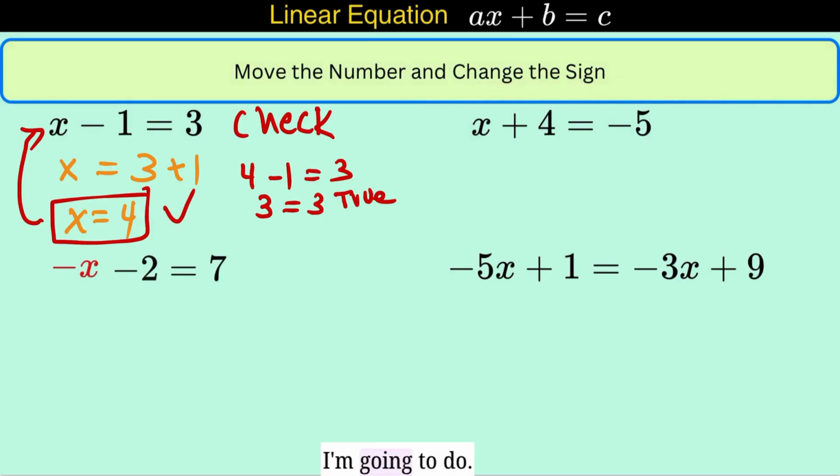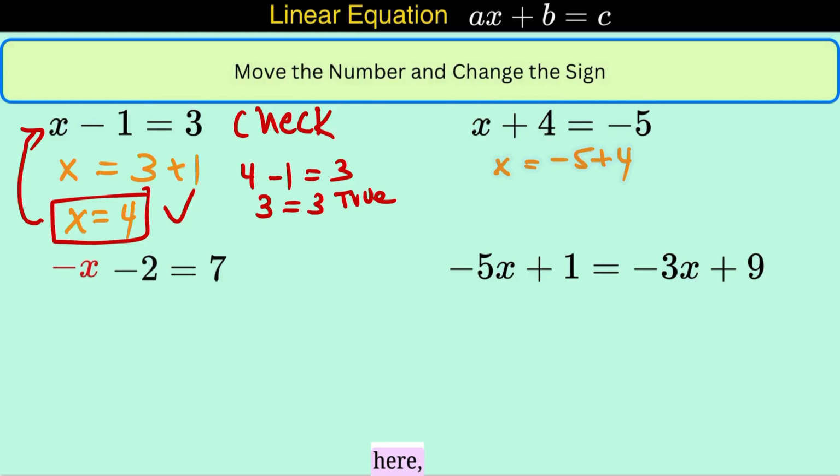Again, what I'm going to do is change the sign. I have positive 4, so I'm going to move it to the right. So x is equal to negative 5 plus 4. Remember, do not change this. Whatever is on the right, do not change it. We'll write it as is.